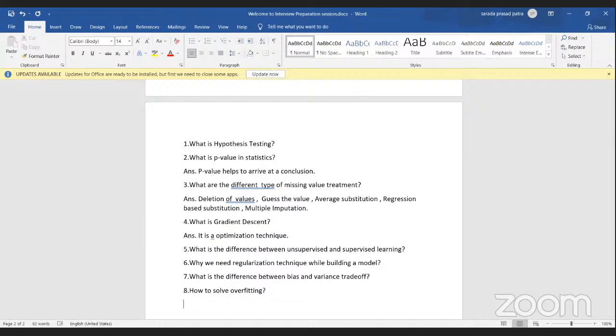Okay. The next question, how to solve overfitting?